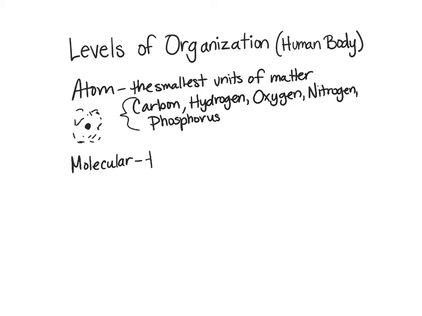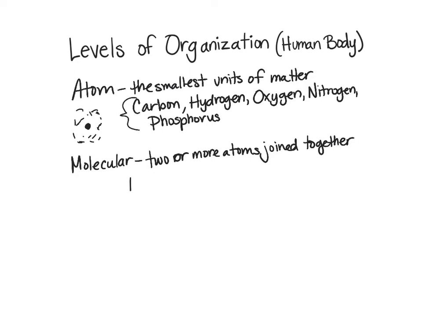Two or more atoms joined together. When we join these atoms together, we'll talk about the different types of joining, the different types of bonds that we'll see in the different types of atoms that we're working with.